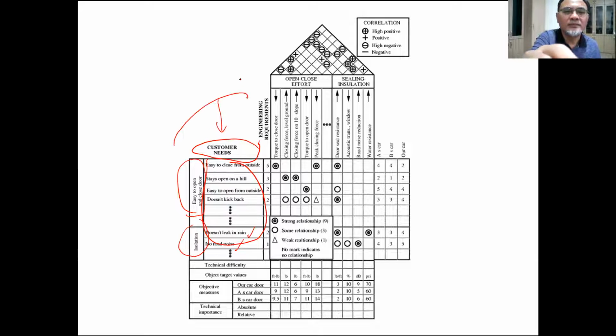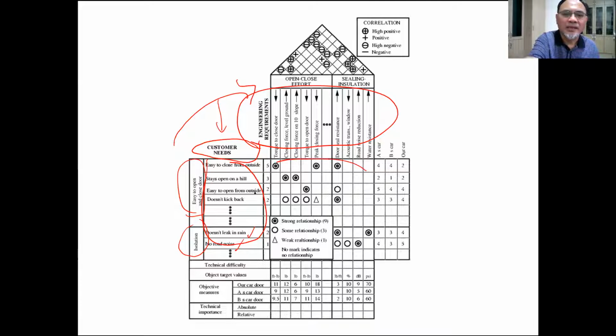And you want to translate this into engineering requirements. For example, energy to close the door, closing force, level ground. And between these engineering requirements, there are some correlations. There may be some interacting factors that will deteriorate or not improve some other features.